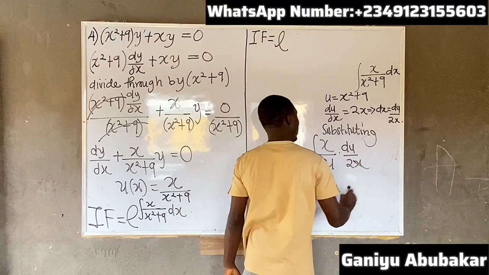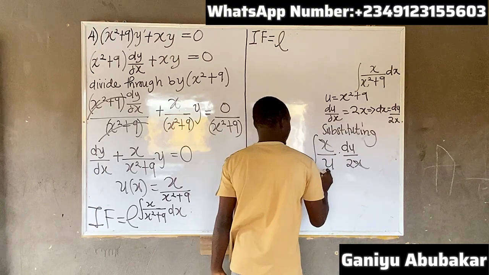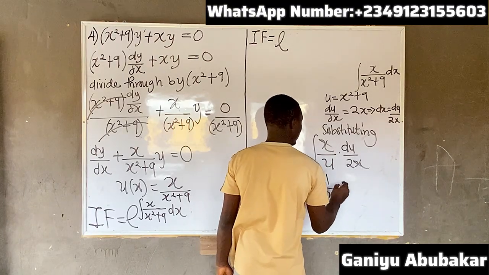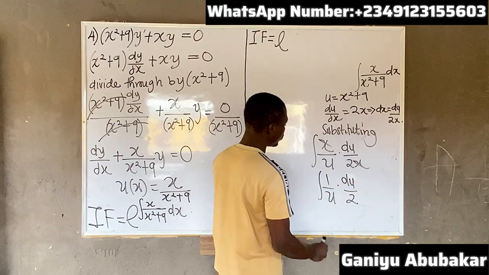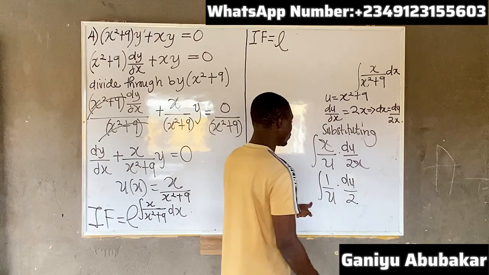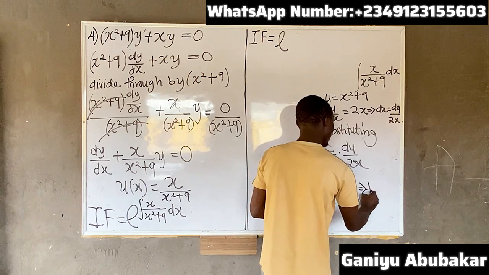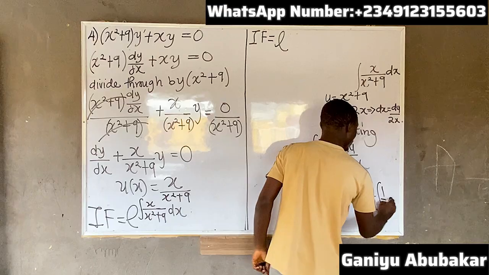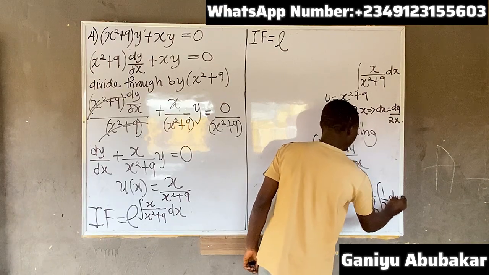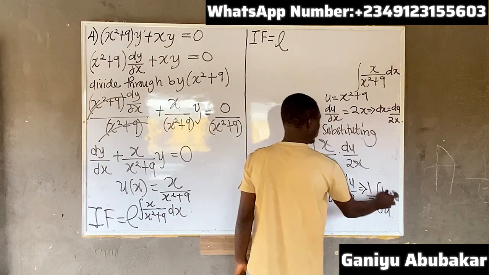Of course, this x will cancel this x. I have the integral of 1 over u left, times du over 2. So this 2 comes out, giving you 1 over 2, times the integral of 1 over u du. If I integrate 1 over u, I'll have ln u.